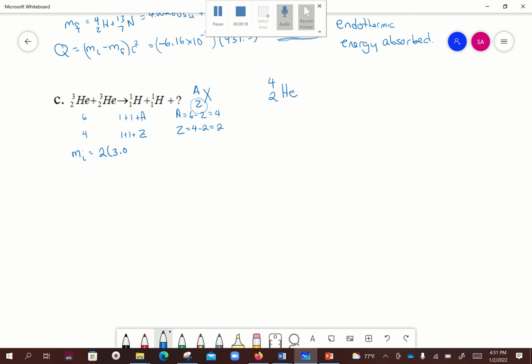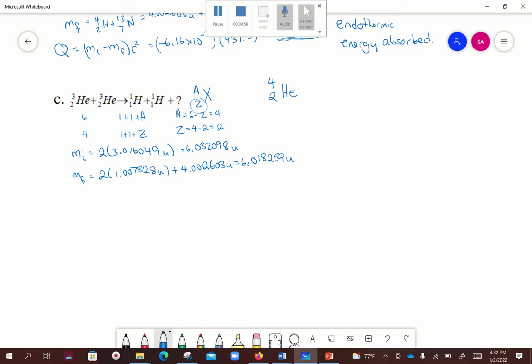So that's 3.016049 U, so I get 6.032098 U. And on the other side, I've got 2 hydrogen nuclei, so 2 times 1.007828 U, plus an alpha particle, 4.002603 U, and I get 6.018259 U.